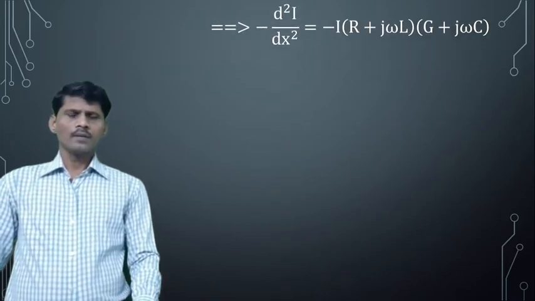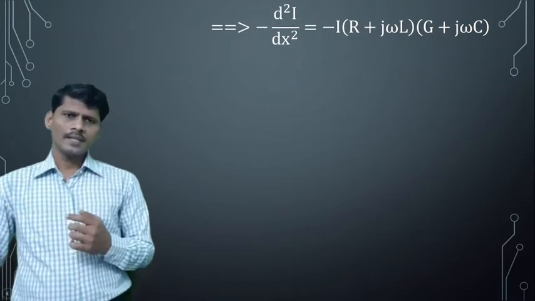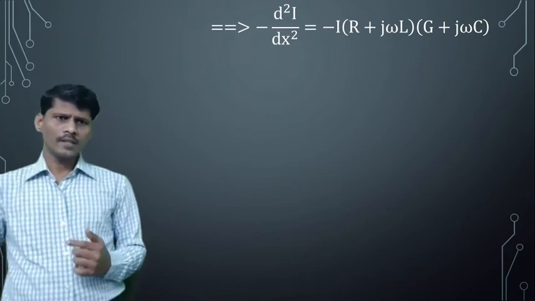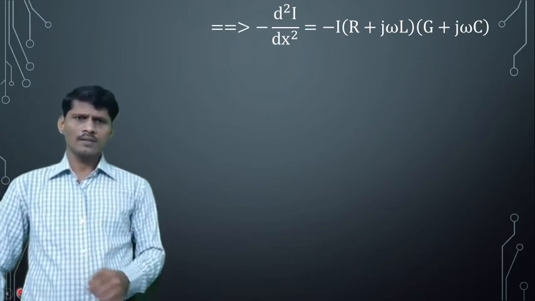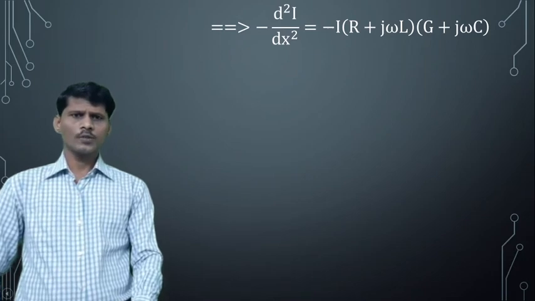So minus d square I by dx square is equal to, with the dV by dx value being minus I into R plus j omega L, into G plus j omega C. On both sides the negative sign is cancelled.